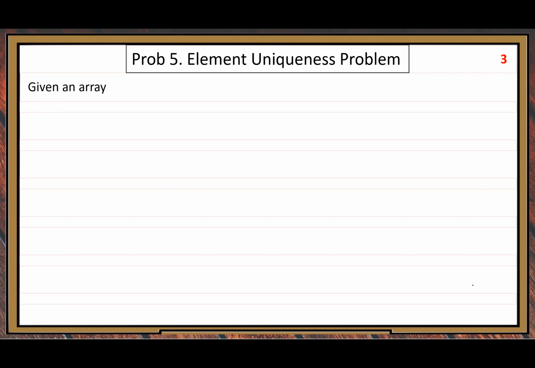What is the best solution for this question? Given an array with n elements, how to check if all the elements are distinct? If all the elements are distinct, return true, a Boolean value, from your function. Otherwise, false. Not unique, some duplicate elements, then false.